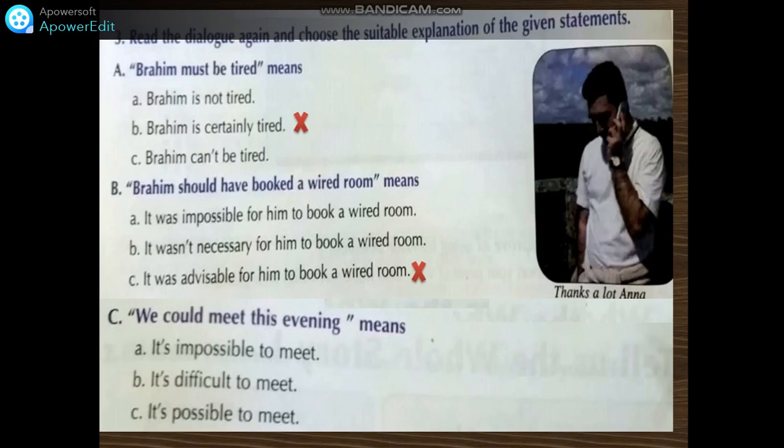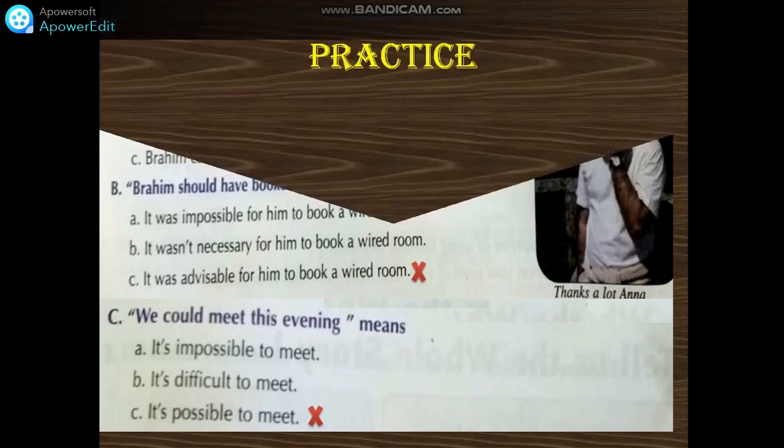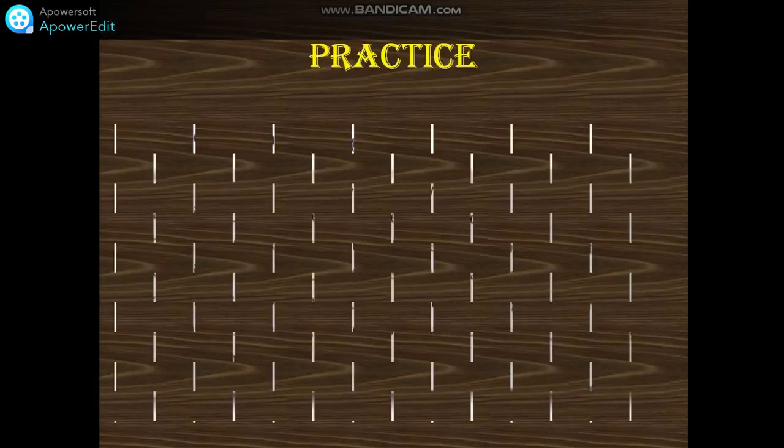Good. C. We could meet this evening means yes, it's possible to meet. Yes, we could meet. Possibility. Yes, very good. Let's move on now to practice.